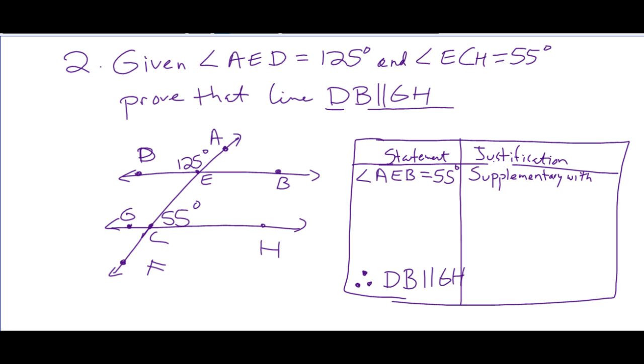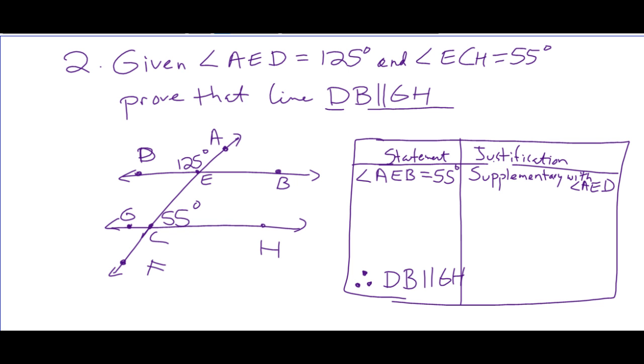So you could say angle AEB is supplementary with angle AED. Therefore, they add to 180, and therefore angle AEB is 55, right? That makes sense. Okay, have I justified it enough for you to say, yeah, okay, I get it?